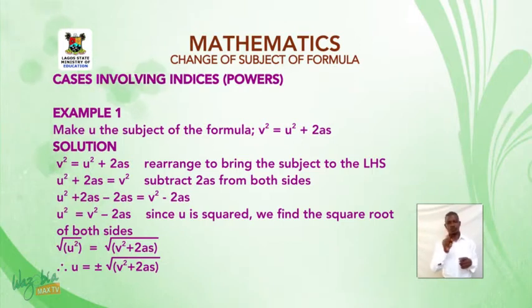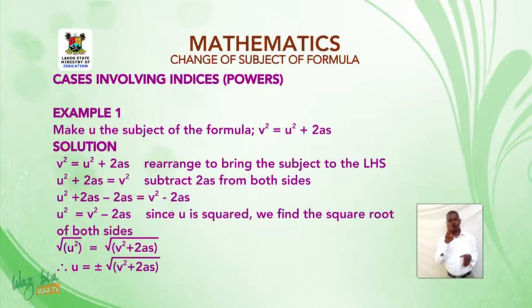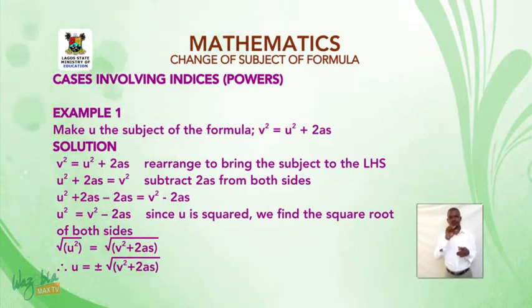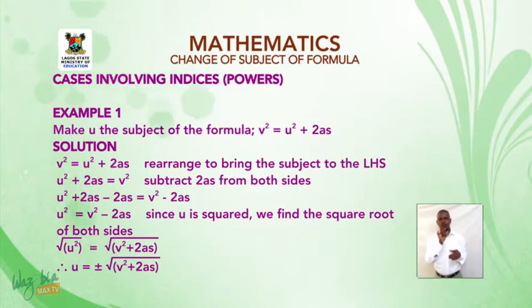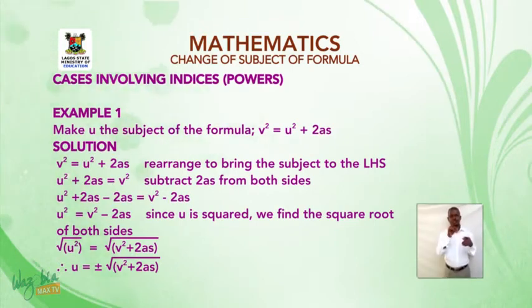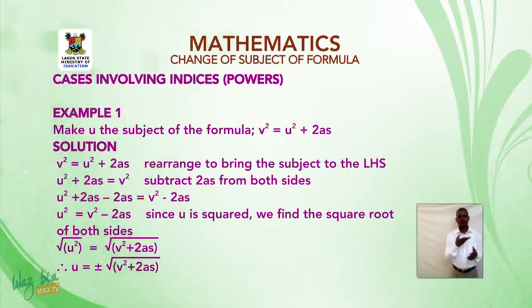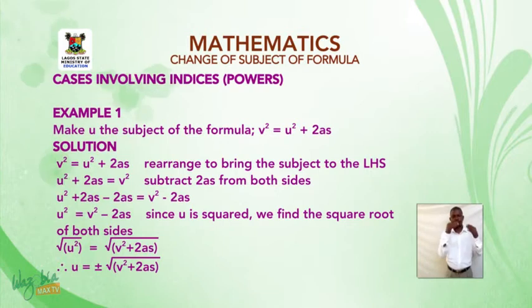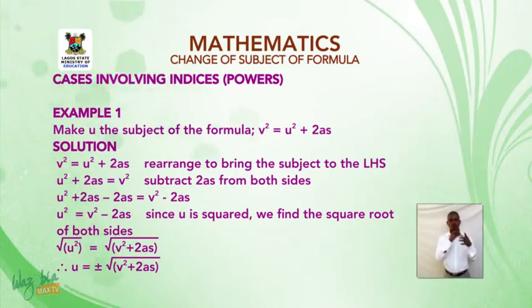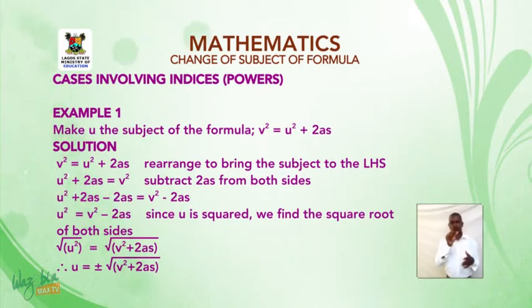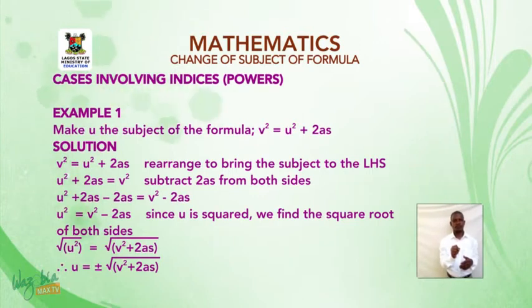Since u is squared, we find the square root of both sides. Square root of u square is equal to square root of v square minus 2as. Therefore, u is equal to plus or minus square root of v square minus 2as.